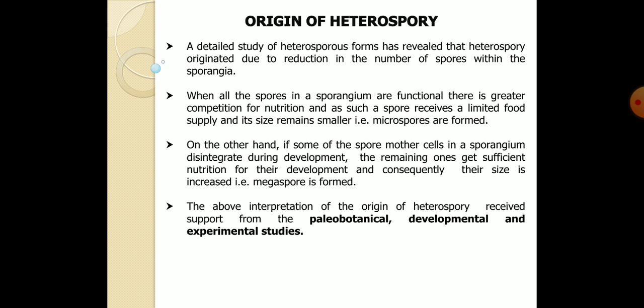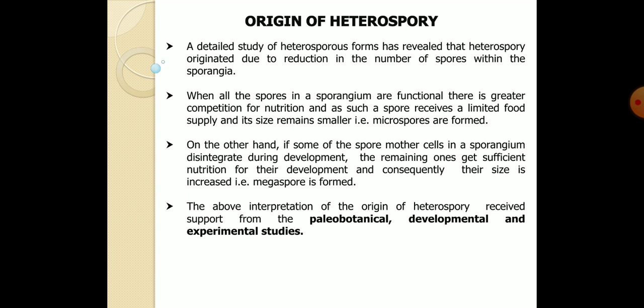Sporangia are spore producing cavities. In them, the number of spores is reduced, and when the spores of a sporangium are functionally recessive and the food supply is limited, small spores will be produced.